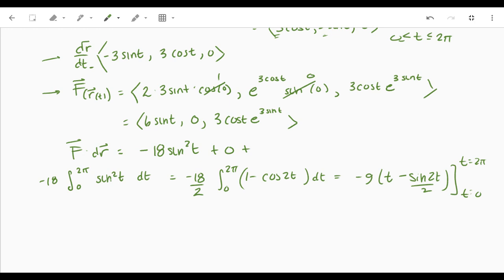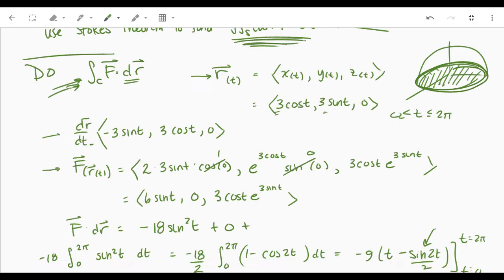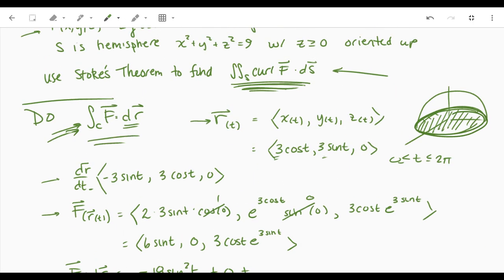Well, if I plug t equals 2 pi into this piece, it'll be 0. If I plug t equals 0 into anything, it'll be 0. So it's just negative 9 times 2 pi, which is negative 18 pi. Okay, so we found a line integral. That's it. And that line integral by Stokes' theorem is equivalent to that surface integral.